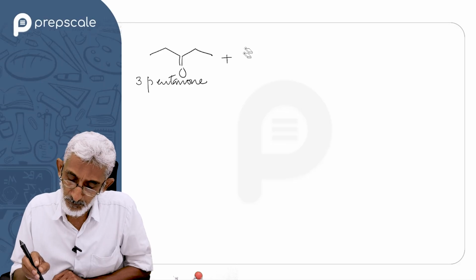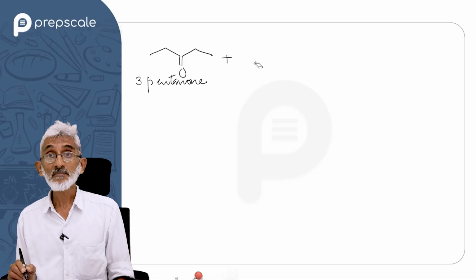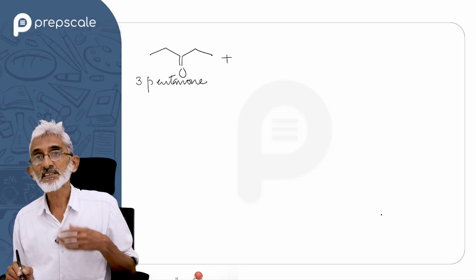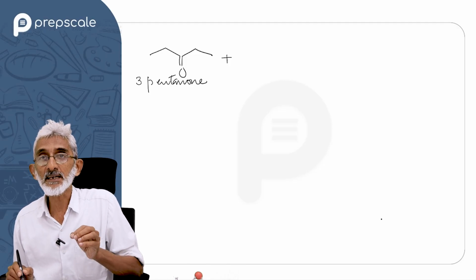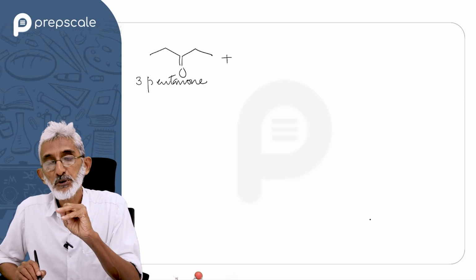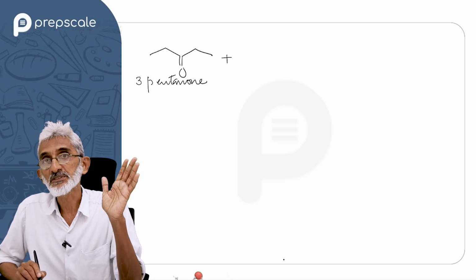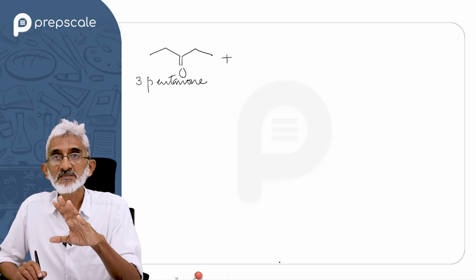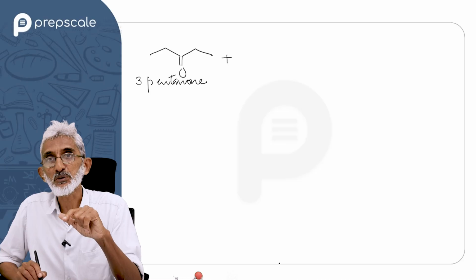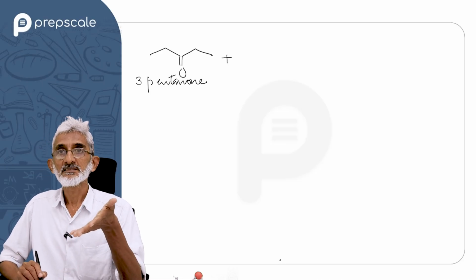Of course, these chiral compounds come from nature, which is the best source of chiral compounds: carbohydrates, proteins, amino acids, simple glucose, fructose, sucrose, then L-amino acids.